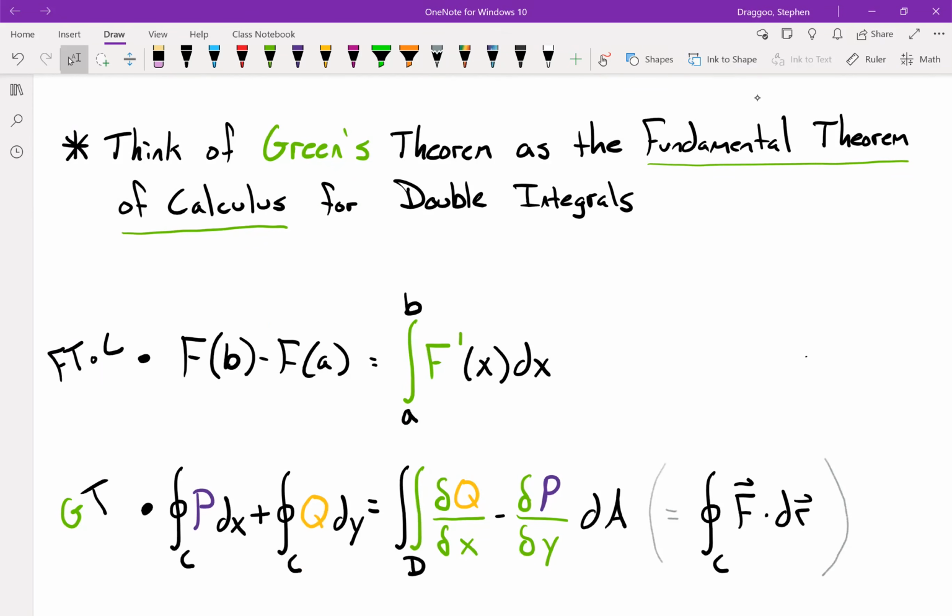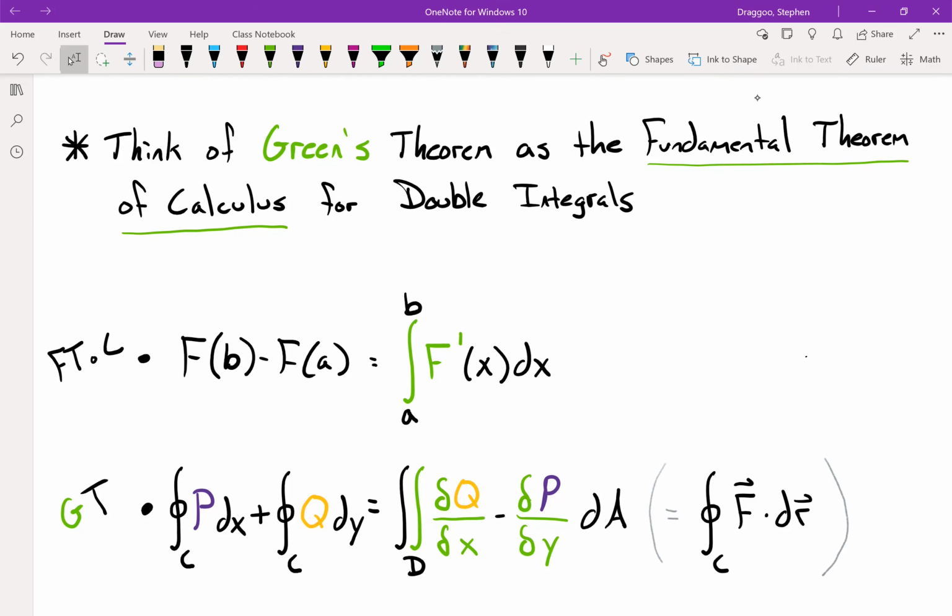So if you sort of follow the green highlighted portions of those two theorems, hopefully we can start to see where that analogy comes in, right? So if I'm looking at the green portions of each, I want to be integrating a derivative of some kind to then looking at the evaluation of that function at the endpoints.